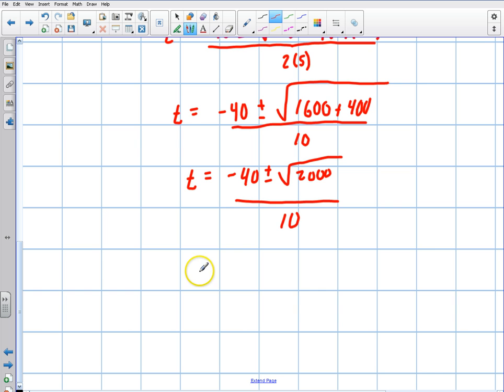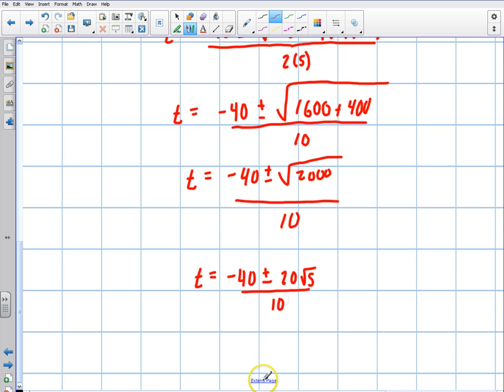We could further simplify this into negative 40 plus or minus, we could take out a 10 and a 2, so this is 20 root 5, over 10.